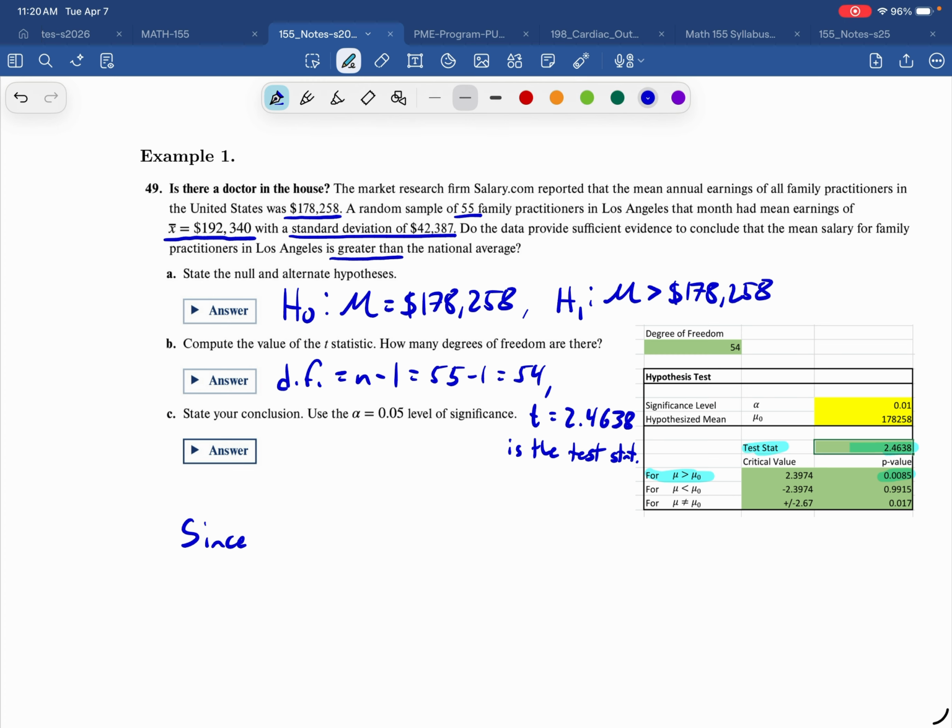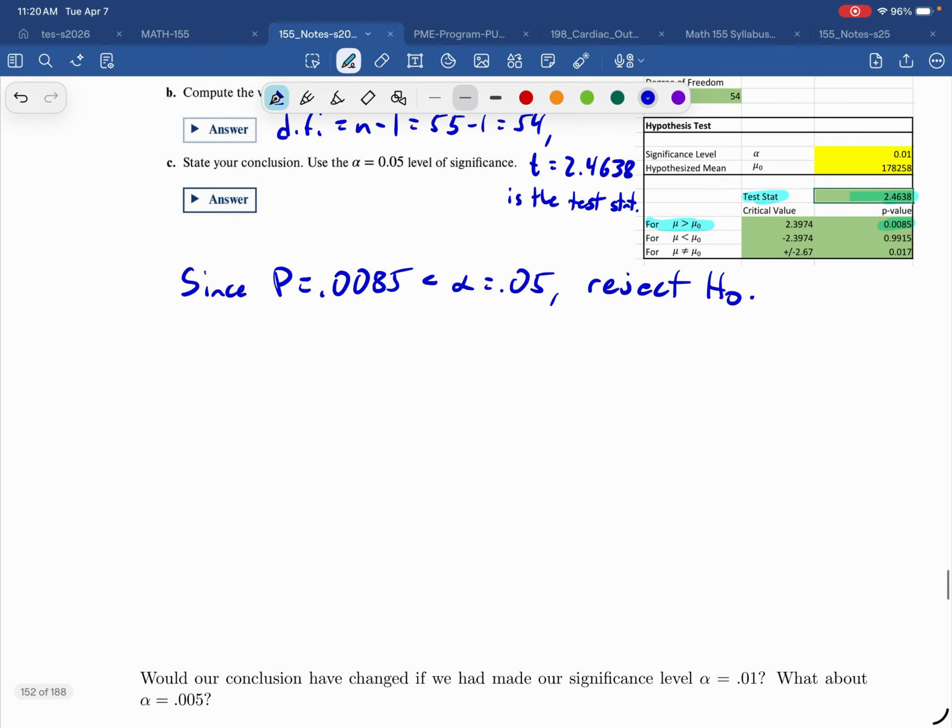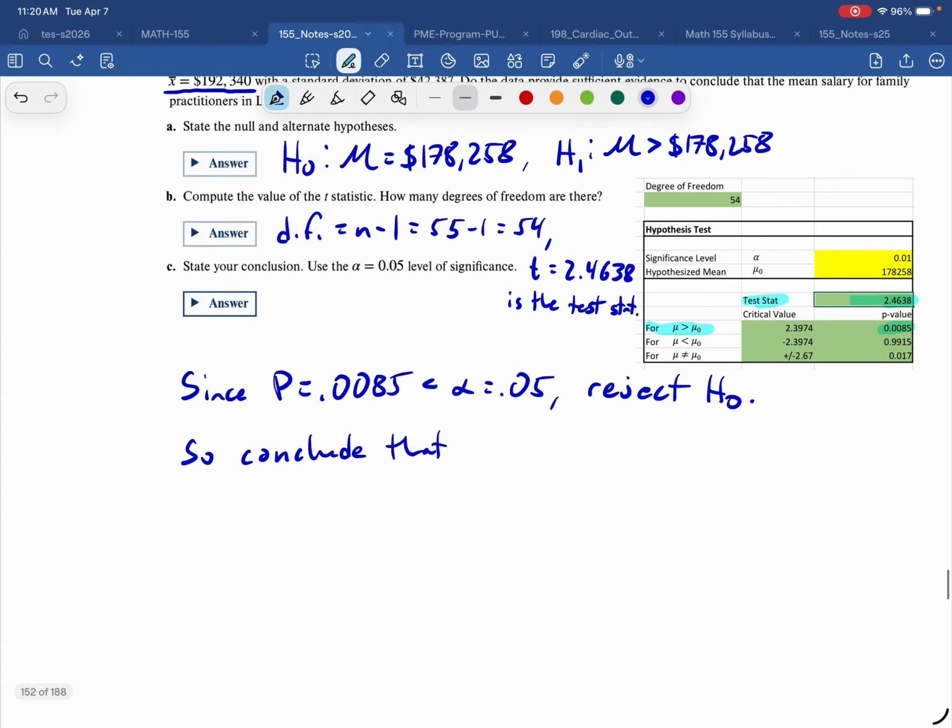Okay, so since p equals 0.0085, which is less than alpha, which equals 0.05, we reject the null hypothesis. So we conclude, what do we conclude?